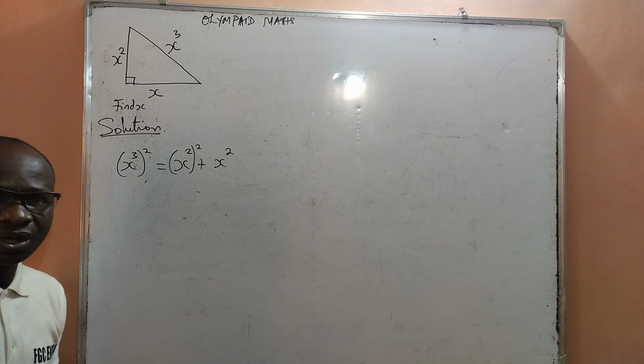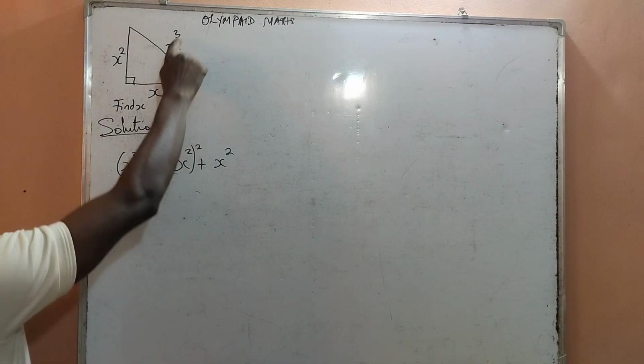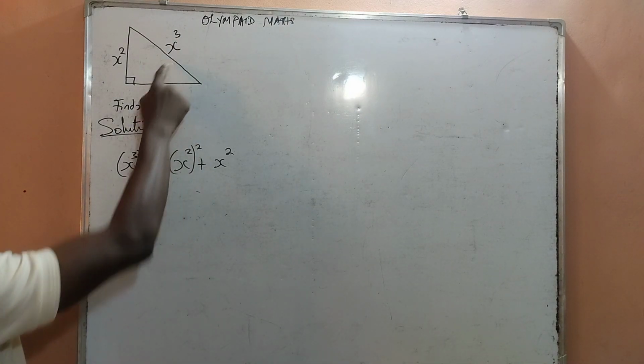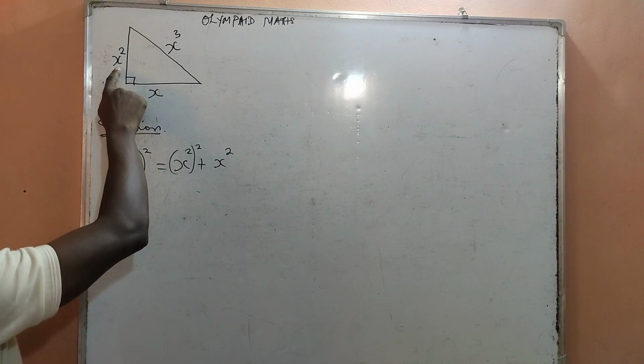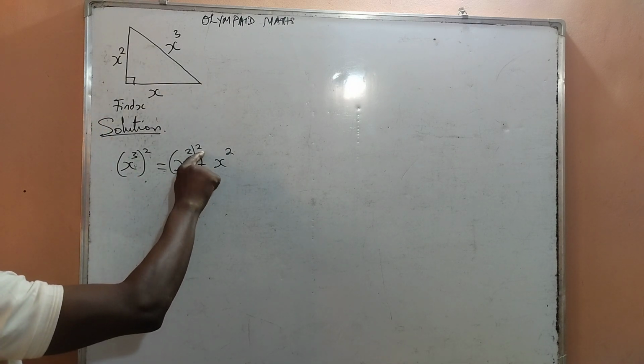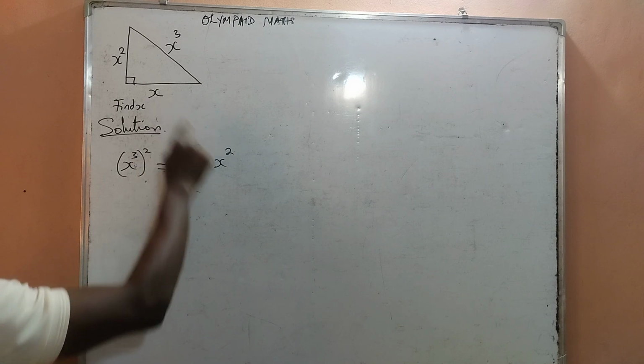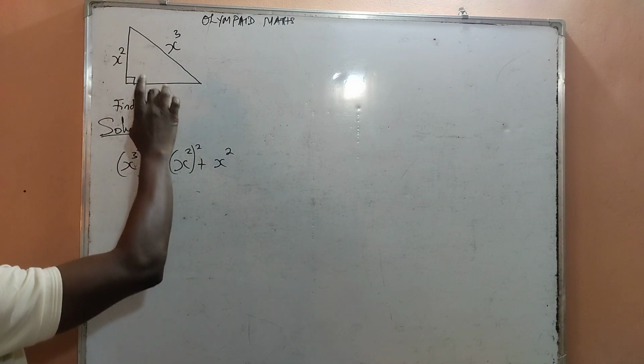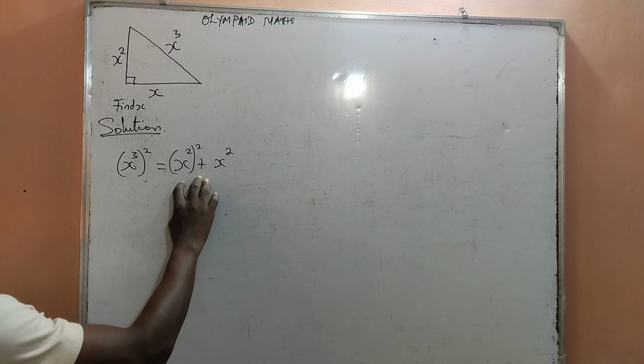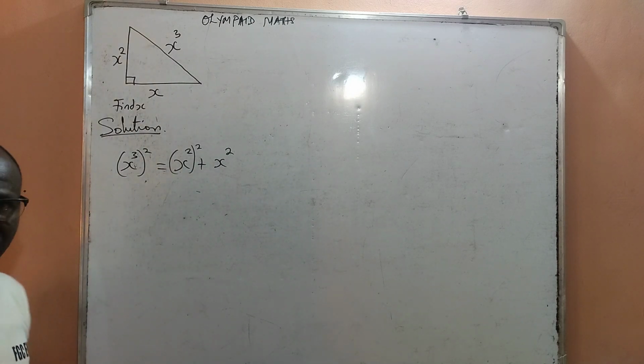So I squared x cubed, which is the hypotenuse side, equal to x squared also squared, that is adjacent squared plus opposite squared.